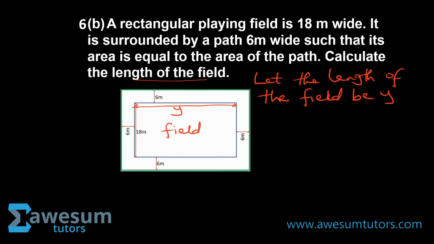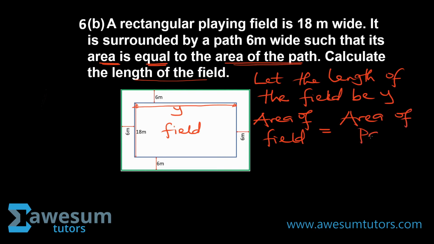It says such that its area is equal to the area of the path. That means the area of the field is equal to the area of the path. With this condition we should be able to find y, because it says calculate the length of the field, and we said let the length of the field be y.